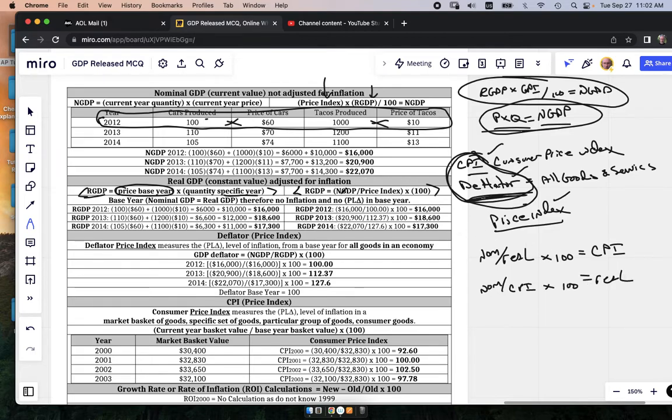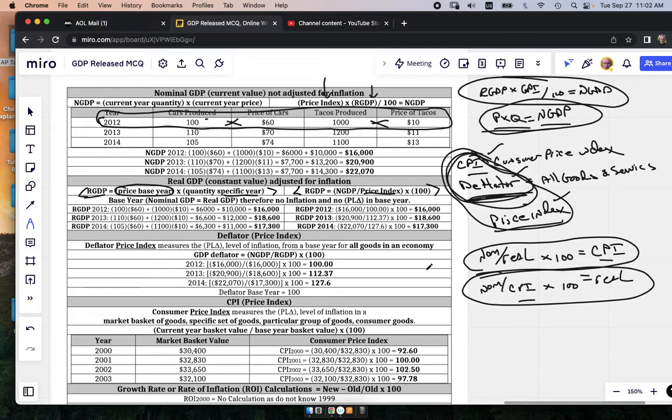So that's kind of what's going on here. We could have called it the CPI, we could have called it price index, we could have called it the deflator. Doesn't matter. They're all the same thing, right? Treated the same way mathematically. So nominal over real times 100 is CPI, super important. Nominal over CPI times 100, we get real. That's what's going on right here.